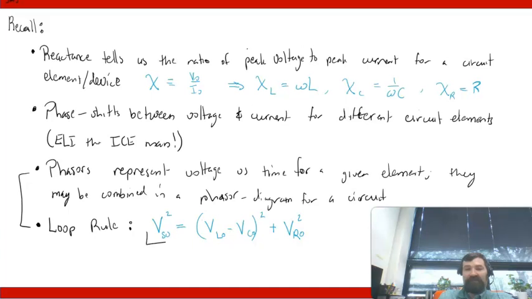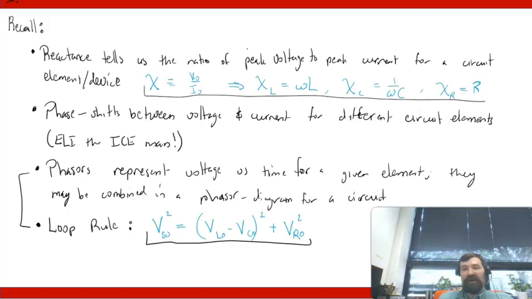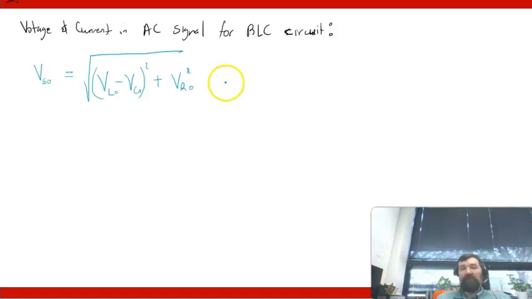So the peak voltage equation, given this, and given this line at the top, we can rewrite the voltage for the power supply. What we end up getting is that the peak voltage for the source must be the square root of, and really what we want to do is just convert all these things into currents where possible.